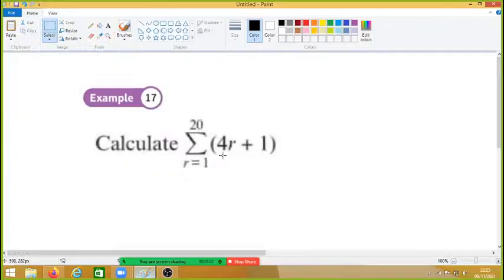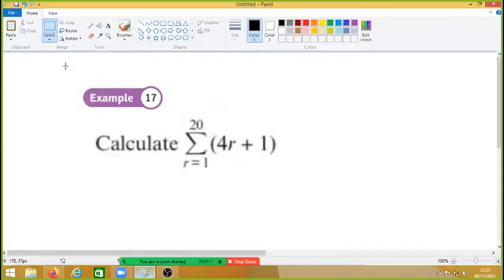Calculate the sum of a sequence where each number in the sequence can be found by using the formula 4 times r plus 1. The first number in the sequence we can get by substituting in r is 1. We'd go all the way up to r is 20 to get the whole sequence.